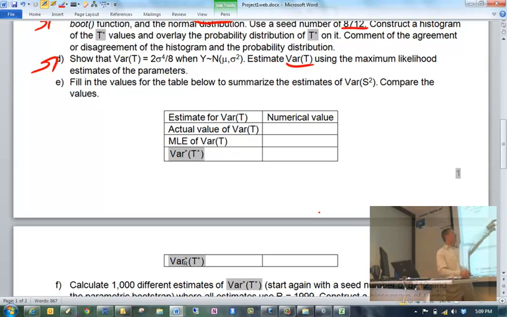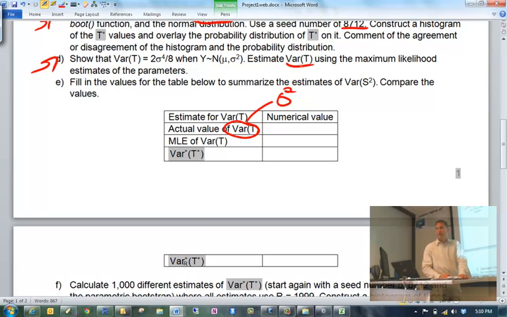So the actual value of the variance. You should know what this is, and I failed to put that in there. Casella and Berger actually do tell you what sigma squared is.